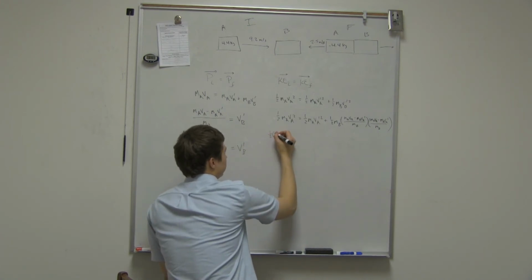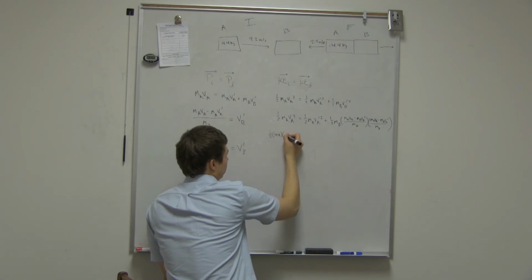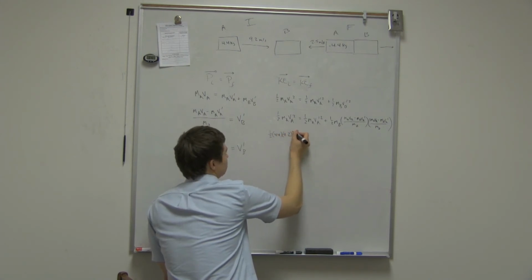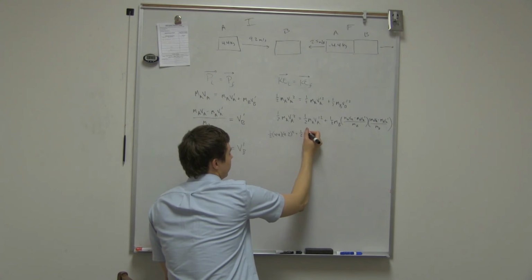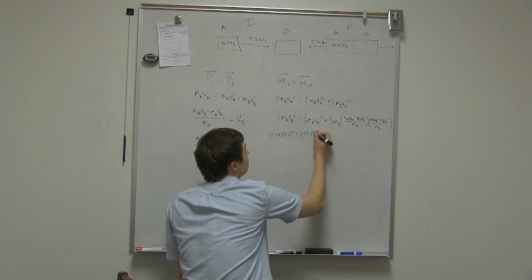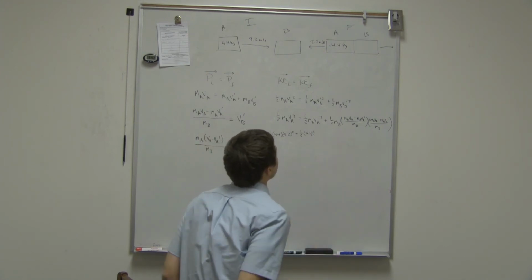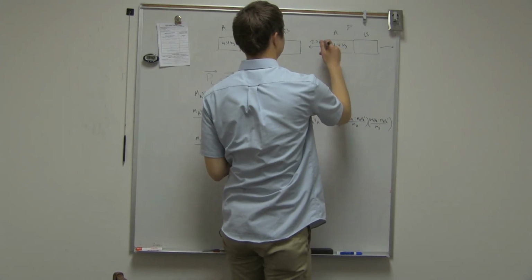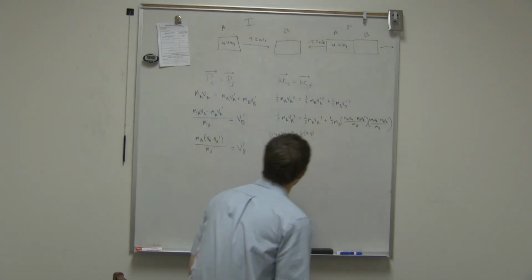So we get 1/2 times 4.4 times 9.2 squared equals 1/2 times 4.4... Oh shoot, it's not negative 4.4, it's negative 2.5.